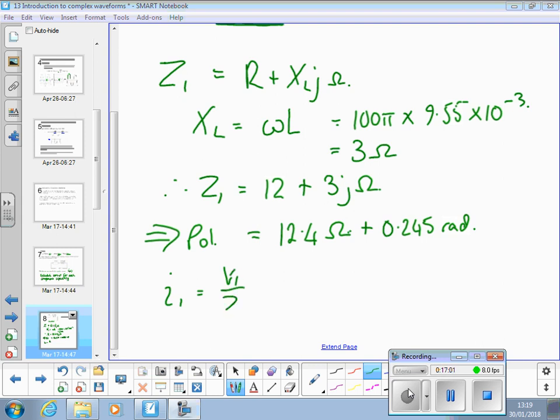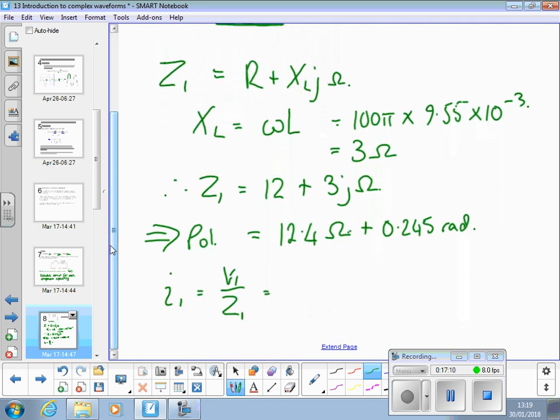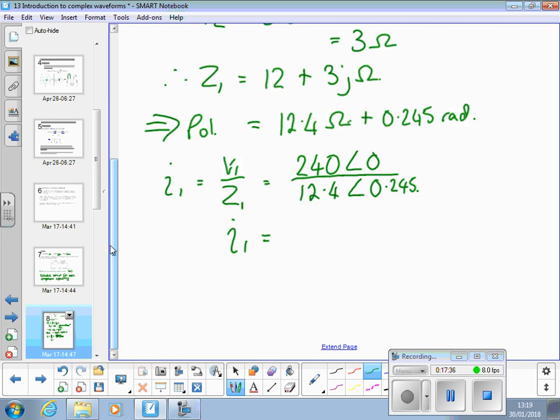V1 over Z1. V1 was 240 at angle 0. Right, so we divide the voltage V1 by the impedance, we end up with a fundamental current of 19.4 amps at angle minus 0.245 radians.